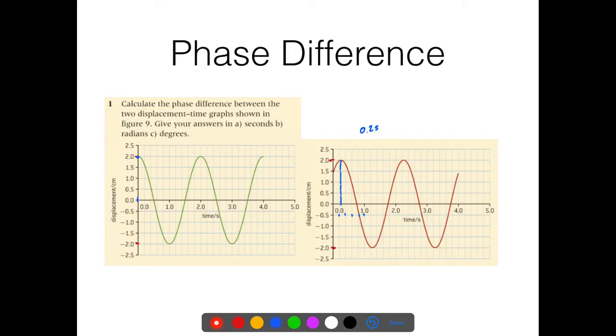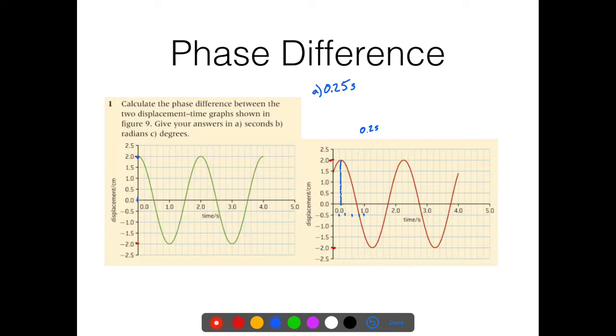It doesn't look like it's right on the line. It looks like it's a little bit afterwards, but it doesn't look like it's right in the middle either. So I don't think it's 0.3. I'm going to say that this is about 0.25 seconds. So letter A is 0.25, and that is the phase difference, 0.25 seconds.